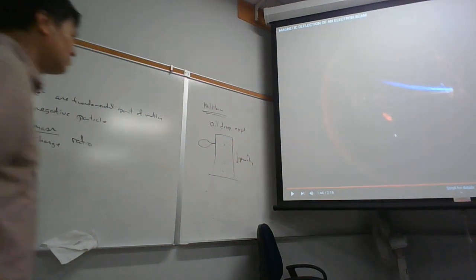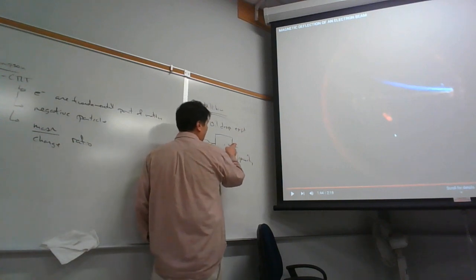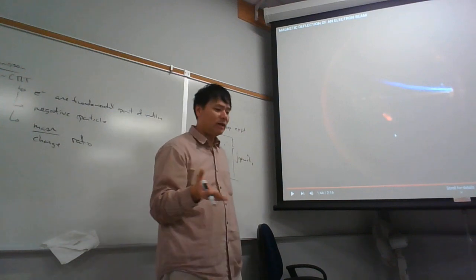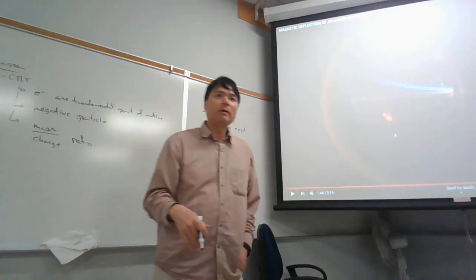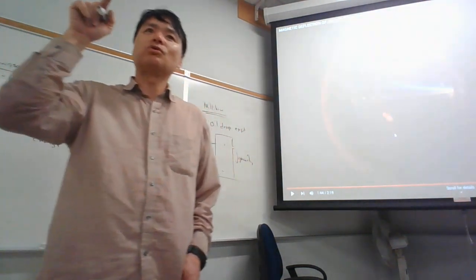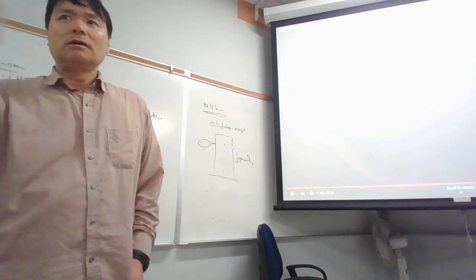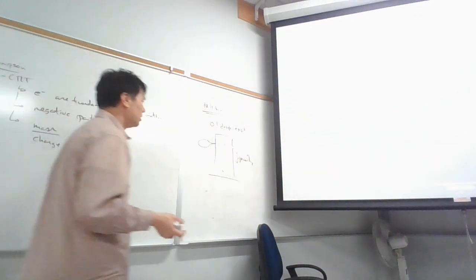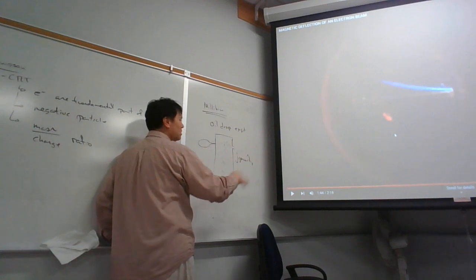But what Millikan did was he did this. He gave the oil droplets a charge. Normally the oil droplets don't have any electrical charge, they're neutral. But what you can do is you can introduce a source of ionizing radiation. What does ionizing radiation do? Yeah, it knocks electrons off matter. And so if you knock electrons off air, those electrons go somewhere.